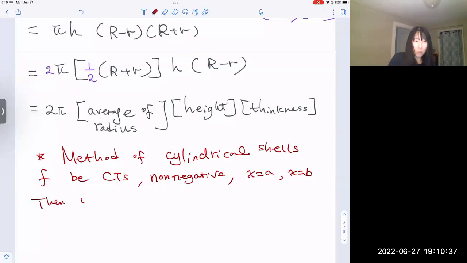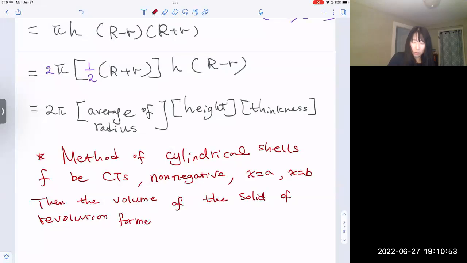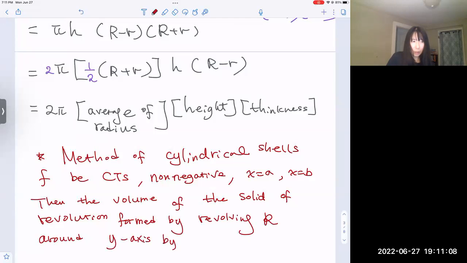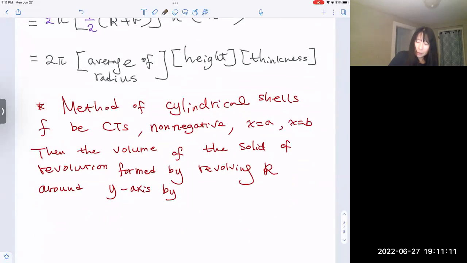And the volume of the solid of revolution formed by revolving around the y-axis. Can you see that? Y-axis.